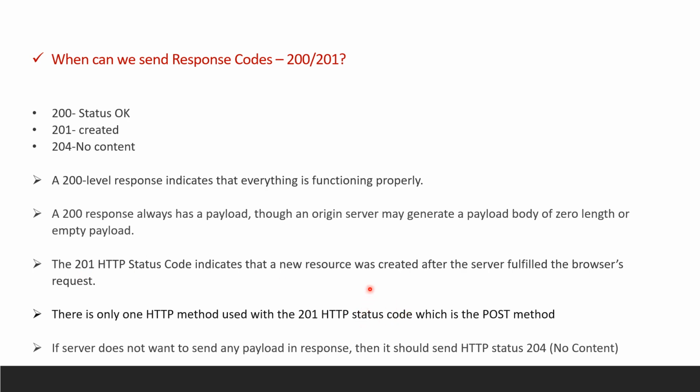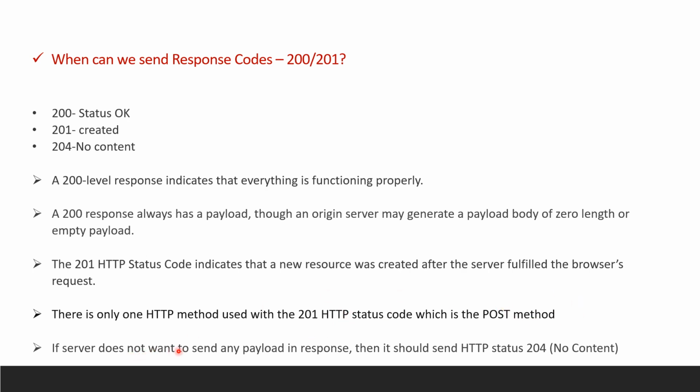Whenever we use the POST method, in that method only we get the 201. In the previous question I said the POST method means to create a resource. So the 201 status code indicates that it is creating a new resource, meaning we are using the POST method. So 200 we mainly use for GET, and for 201 there is only one HTTP method used, which is POST.